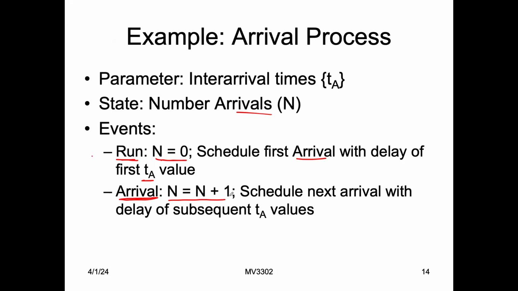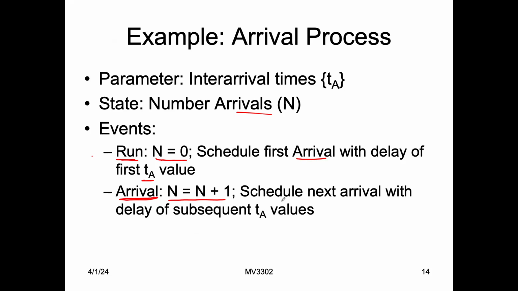What does it mean if something arrives? It means we have one more than we had before. So if we're counting the number of arrivals, there's going to be one more arrival than there was before. In other words, the state variable n is going to increase by 1. And then this arrival event is going to schedule the next arrival.